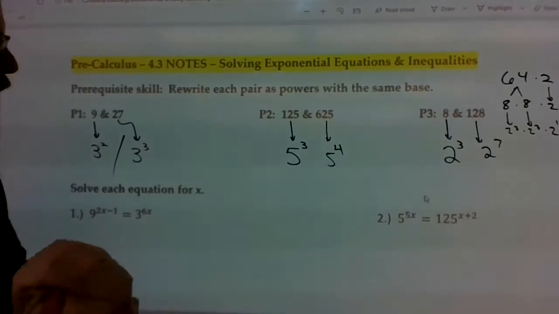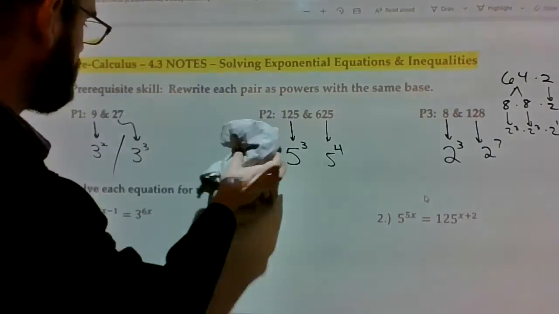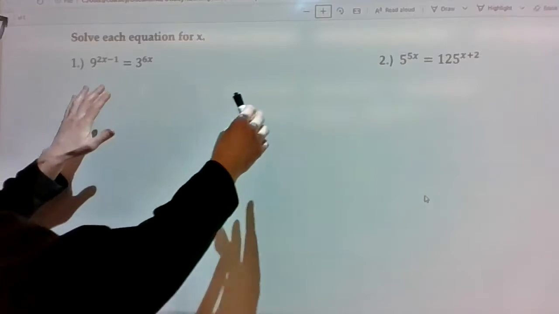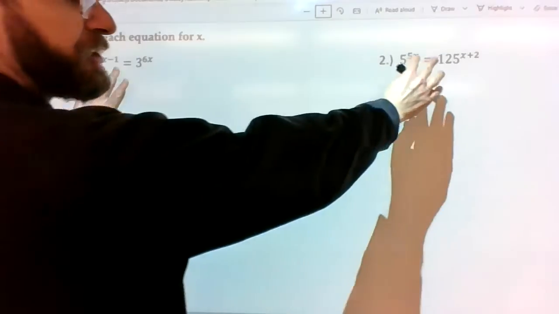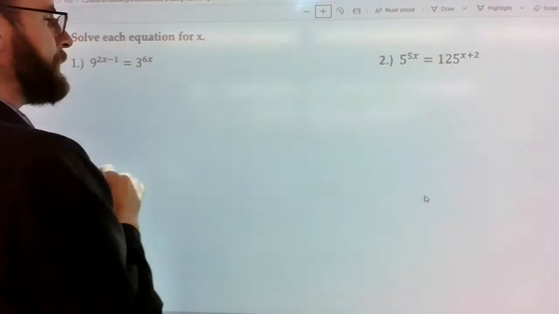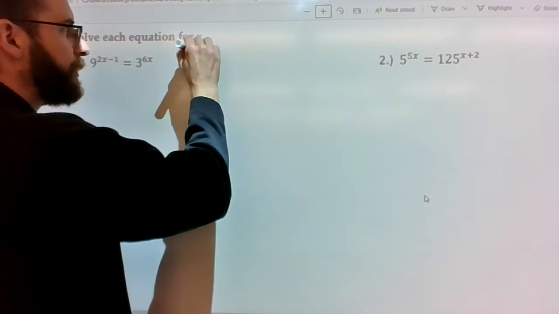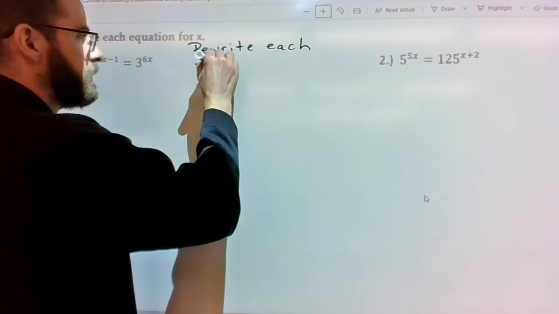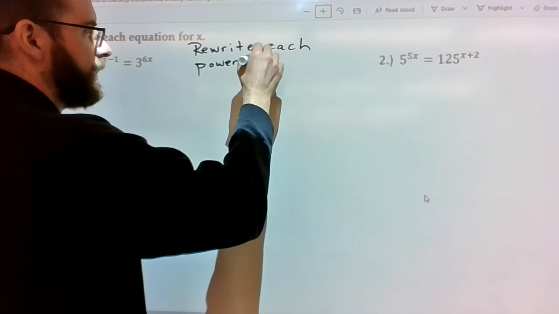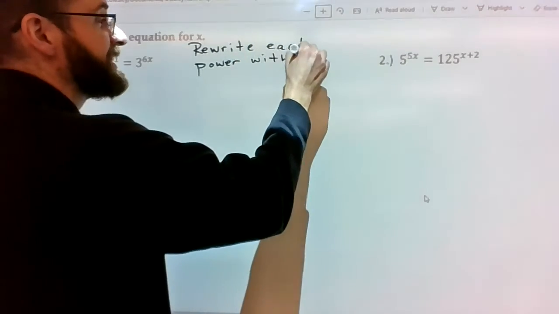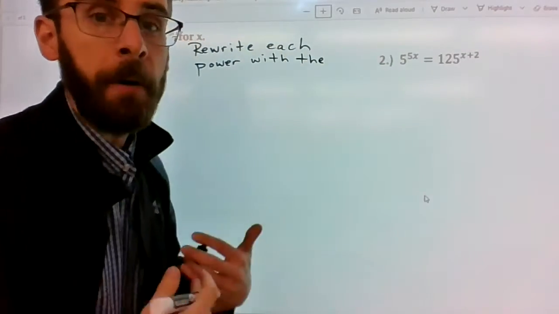So now that we've mapped out what it means to be powers of the same base, here's the idea. If I am dealing with equations that have exponential properties on both sides, my main goal should be: rewrite each power on both sides with the same base, if possible.